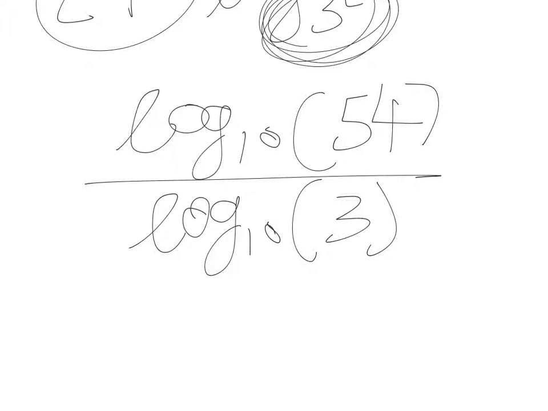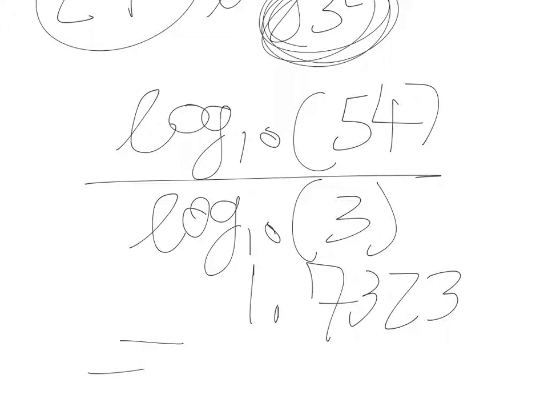When we plug that into our calculator, we're going to do log 54. Gets us our top of about 1.73239, and we do our denominator. We do log base 10 of 3, and we get about 0.47712.